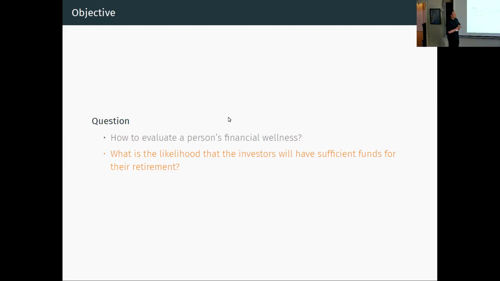Another type of research is on the amount of money that I would need. This type of research studies retirement spending, like the cost associated with disease or long-term care, things like that, and determines what is an appropriate level for retirement.